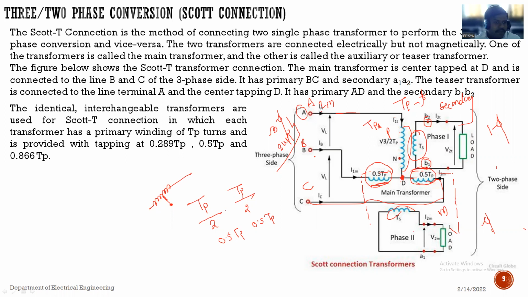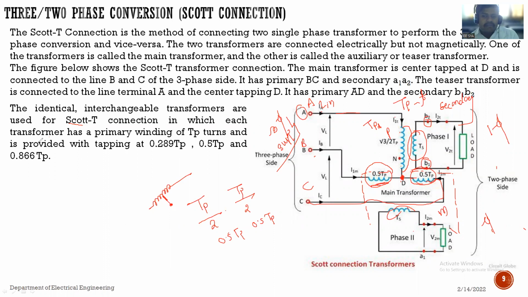See, identical and interchangeable transformers are used for the Scott or T connection, in which each transformer has a primary winding of TP turns. प्रत्येक ट्रान्सफॉर्मरच्या प्रायमरी वाइंडिंगला TP turns आहेत, and it is provided with tapping at 0.289 TP, 0.5 TP and 0.866 TP.